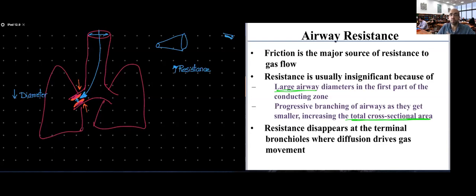All of them have a much larger cross-sectional area compared to the one that you've started with, which is the trachea, for example. All right, is this clear?